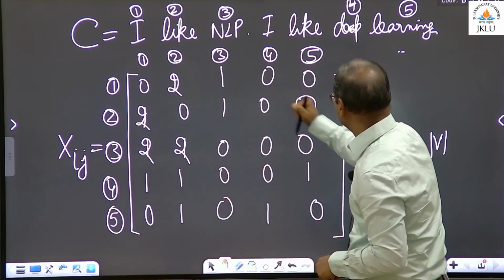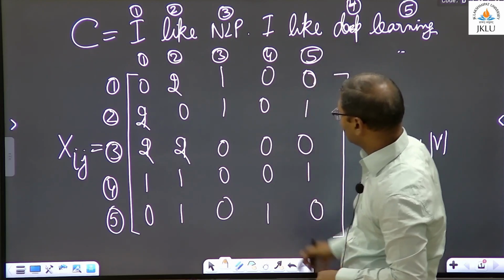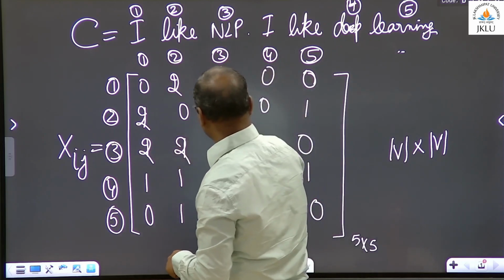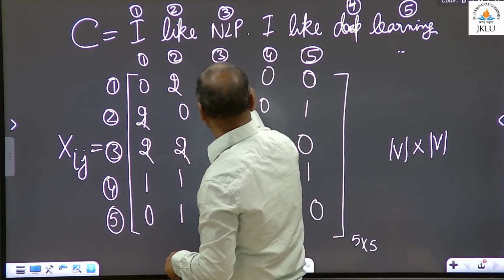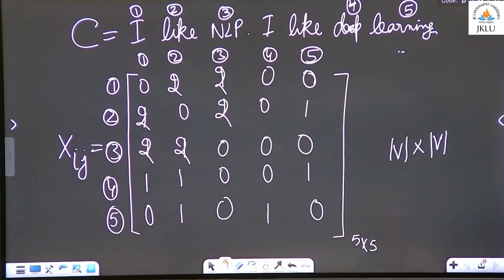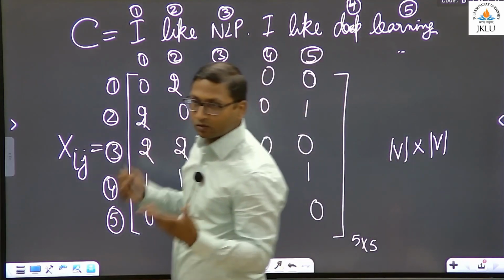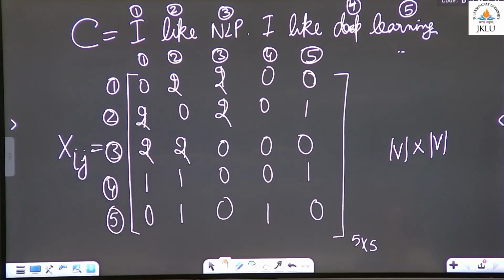So this one comes here. Anything else? These two have to be made symmetric. Is that right? So it will be a V cross V matrix and not corpus cross corpus. Anything wrong?